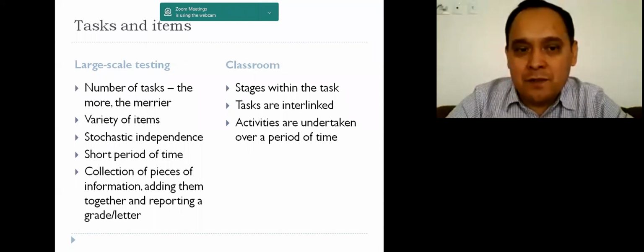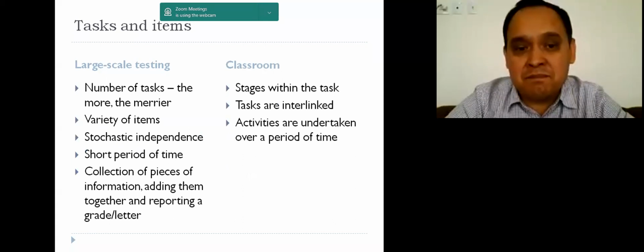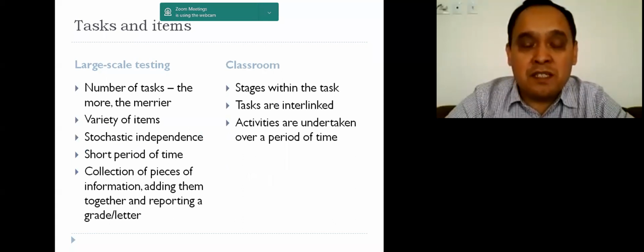So you have probably read, and you know as a student, as a test taker, as a teacher, that large-scale tests usually tend to have a lot of tasks and items in their test papers.